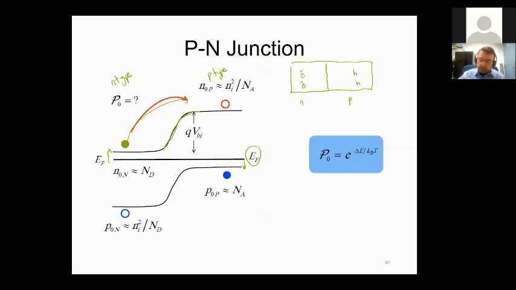Once we put them together, they diffused very, very quickly to each other's side, but that's a very transient action. Later on, once they are gone, they left behind the uncompensated ionized dopants. What were they? Well, every hole was compensated by the boron, right?